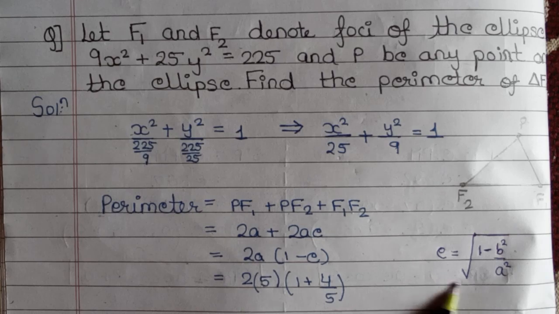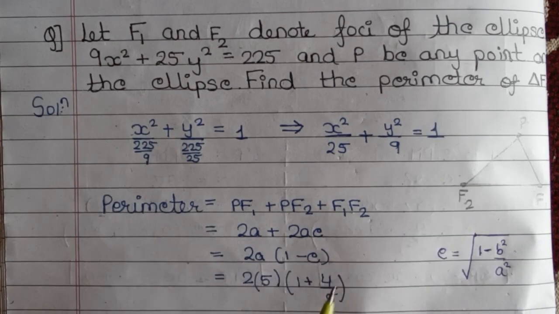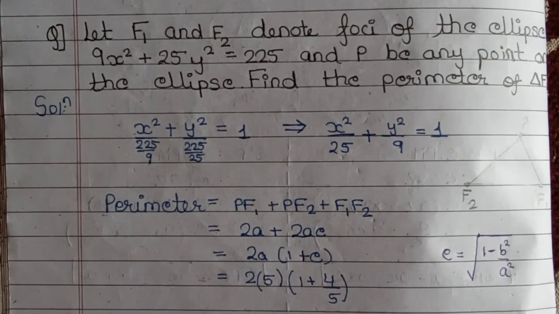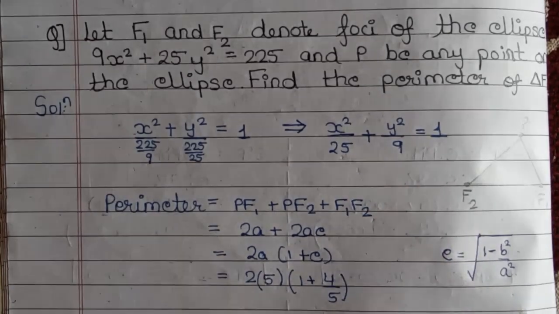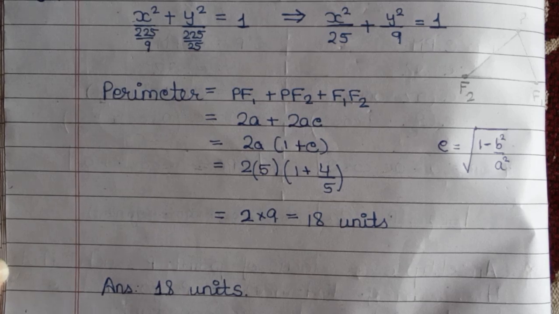By using the eccentricity formula, you can get the value of e, put it here, and then you can get 2 into 9 by solving, which is 18 units. So the final answer will become 18 units. The perimeter of triangle F1F2P is 18 units.